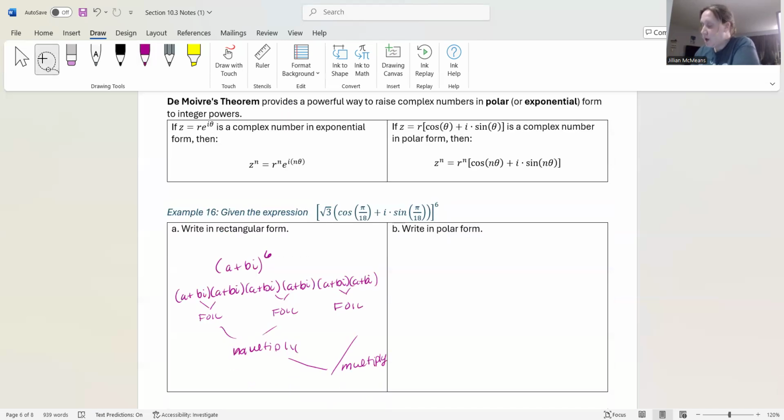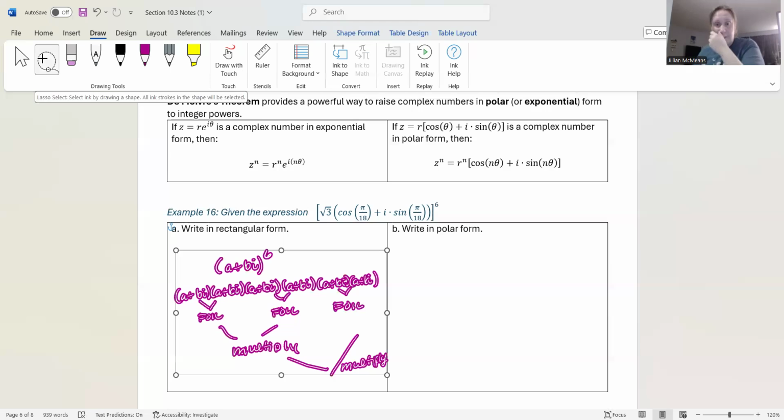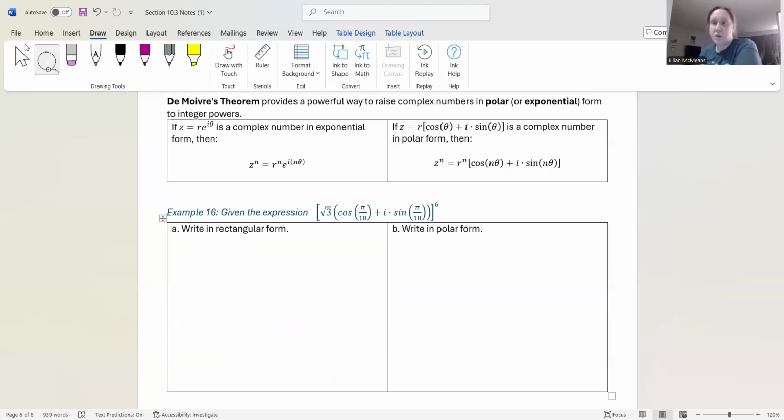So when we have these complex numbers in polar or exponential form, we have a way around it, and it is this theorem. If z equals r times e to the i theta, a complex number in exponential form, and we wanted to find some integer power of it, z to the n where n equals an integer, then that would just be r to the n times e to the i times n theta.